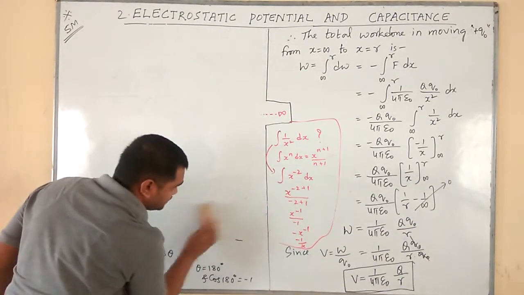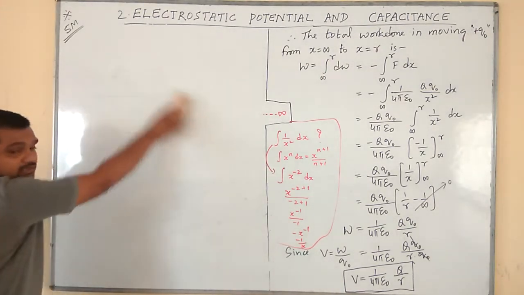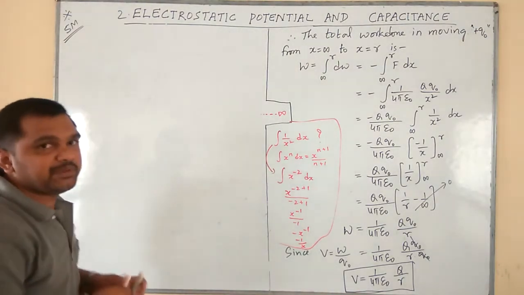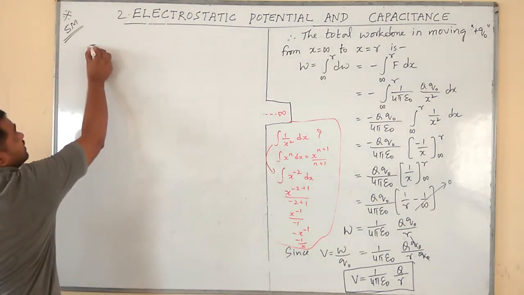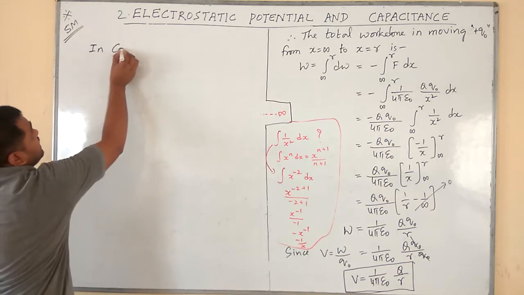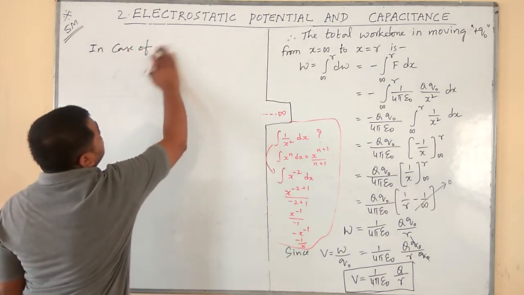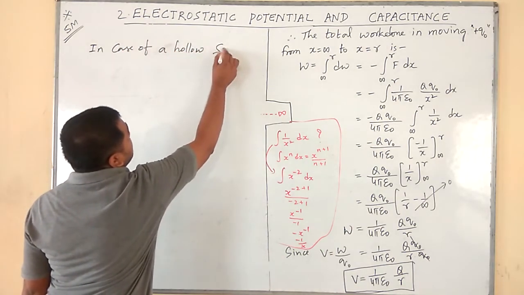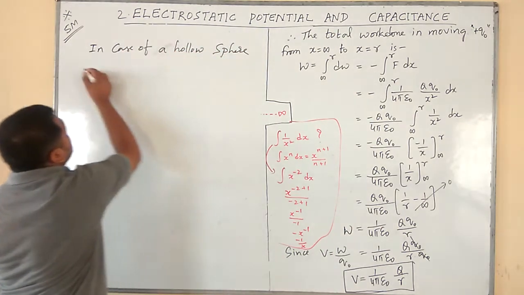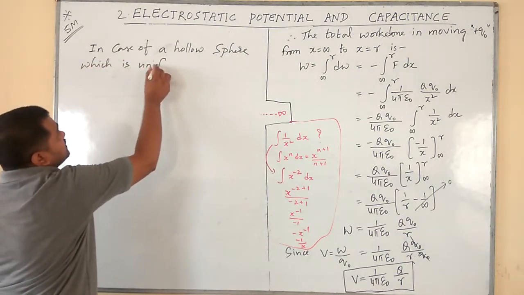Now what I will do, in place of a point charge, I will take a hollow sphere, another name for it is shell, which is uniformly charged.